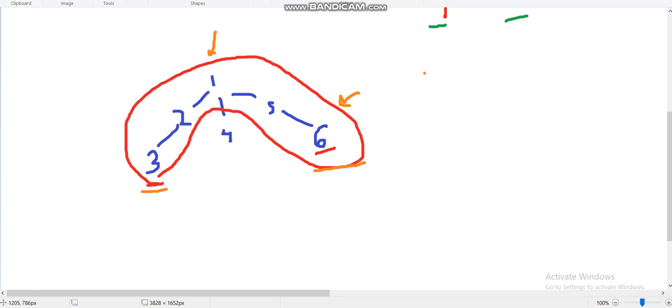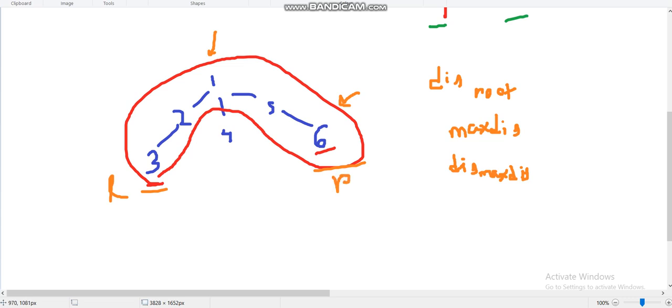That's how we find the diameter of a tree. First we find the distance from the root, then we find the maximum distance node, call it max dis, and then we DFS from max dis and get our two corner points. Let's say the two corner points are L and R. Here L is 3 and R is 6.